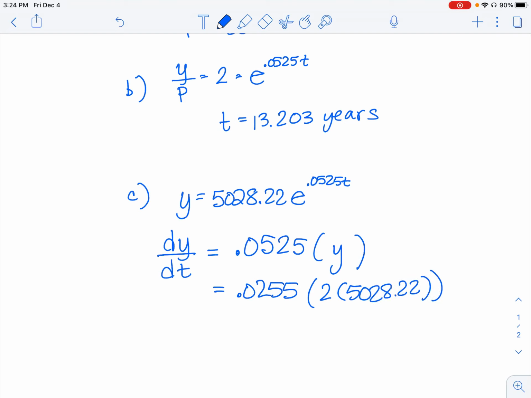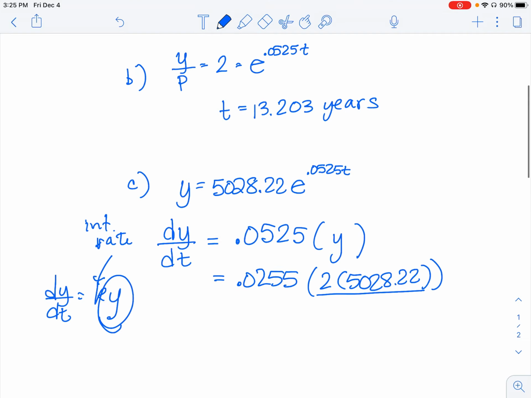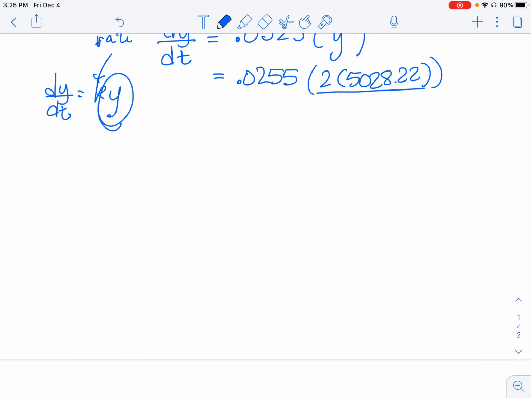So understanding that dy/dt is equal to ky, y is the amount that's present, which is double the initial investment, and k is your interest rate. A lot of people tried to find rate as in interest rate, and they were talking about rate of change.